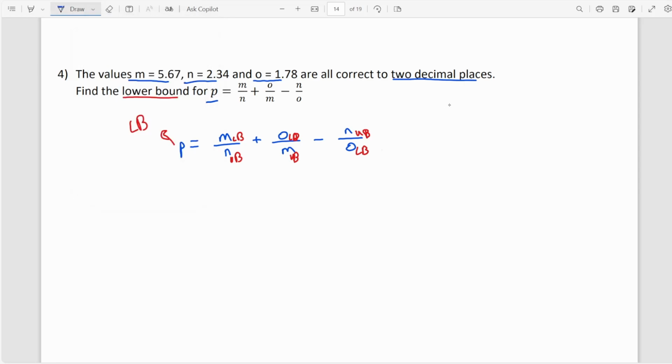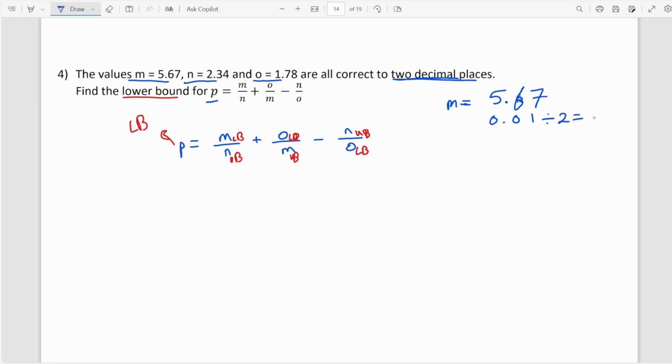So we have m is equal to 5.67. And for m, we want the lower bound here and the upper bound here, so we're gonna find both. Now everything is correct to 2 decimal places, so my unit of round is 0.01.